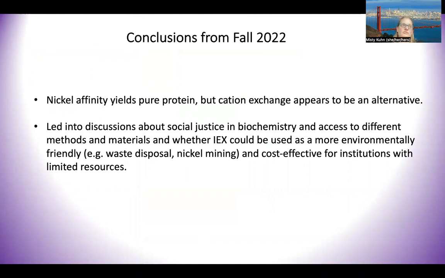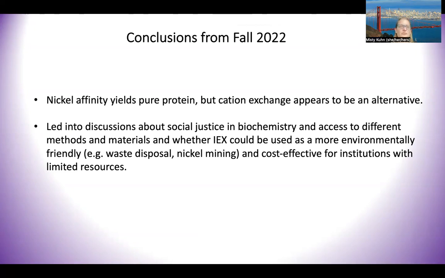And this was interesting because it led into discussions about social justice and biochemistry and access to different methods and materials across different institutions, and whether ion exchange could be a more environmentally friendly method as opposed to nickel affinity, not just in terms of mining the nickel, but also waste disposal and safety differences that you need to take into account.